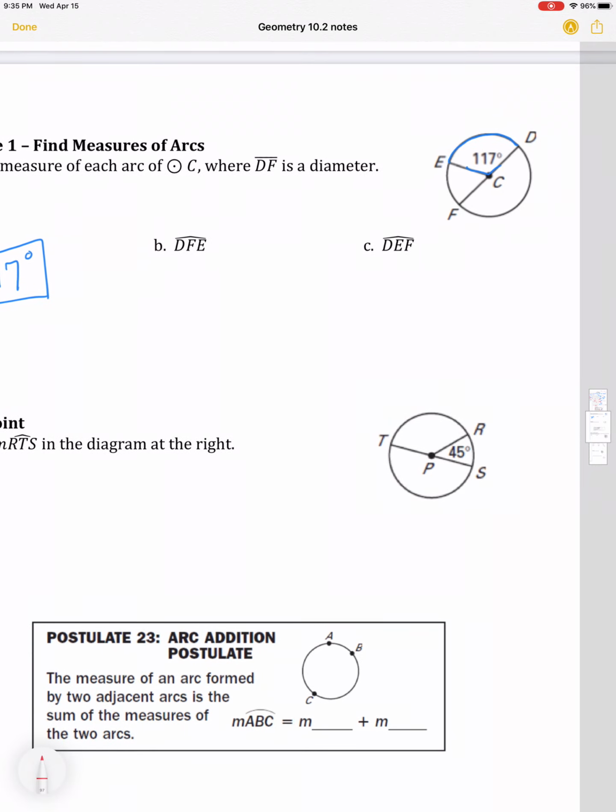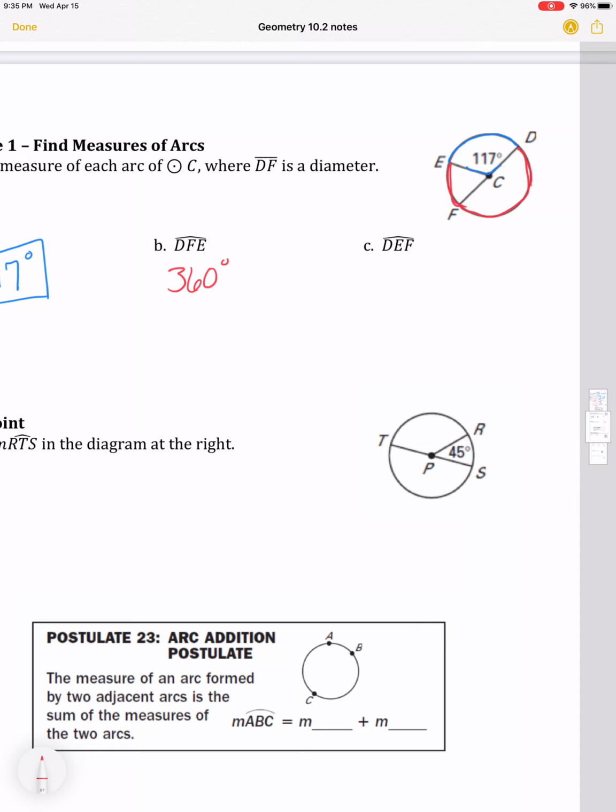If you want to find arc DFE, DFE has 3 letters, which means this is going to be bigger than 180. So D to F to E is in the red there. So what we're going to do here is take the entire circle, which is 360, and then take away the part that's not in red. So DFE is in red.